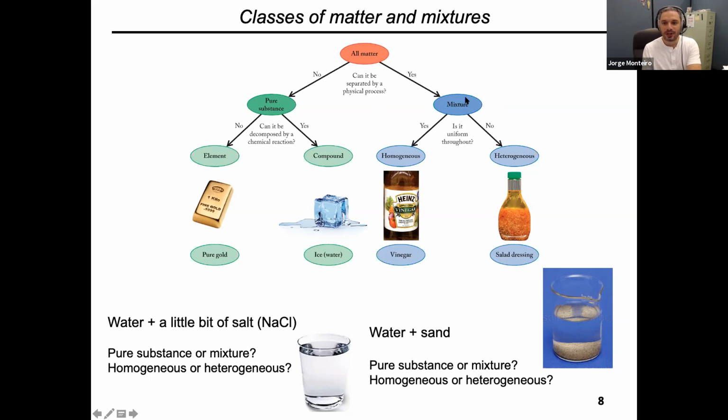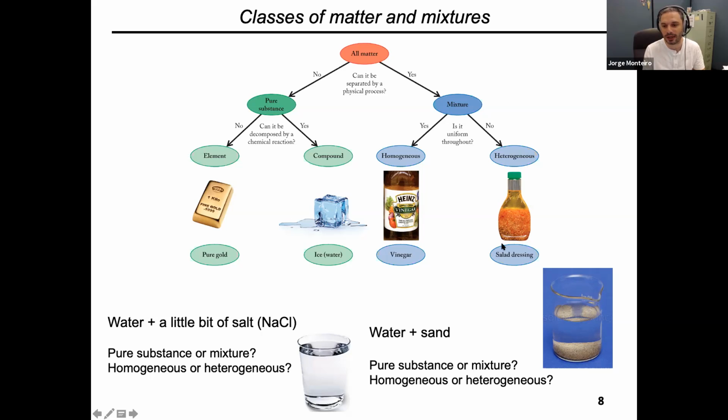Once you establish that this is a mixture, then the next question is, is it uniform throughout? Uniform means that you only see one phase. If it is yes, then that's a homogeneous mixture. For example, vinegar. If you see more than one phase, then that's going to be classified as a heterogeneous mixture.